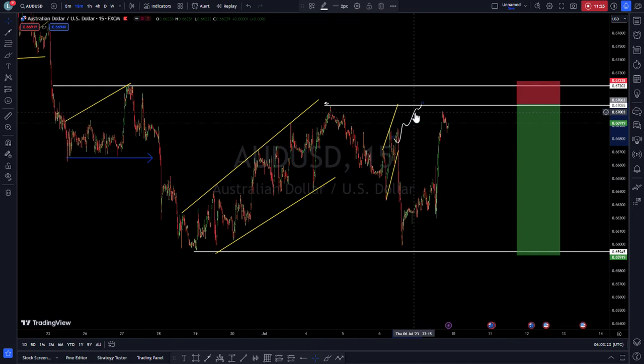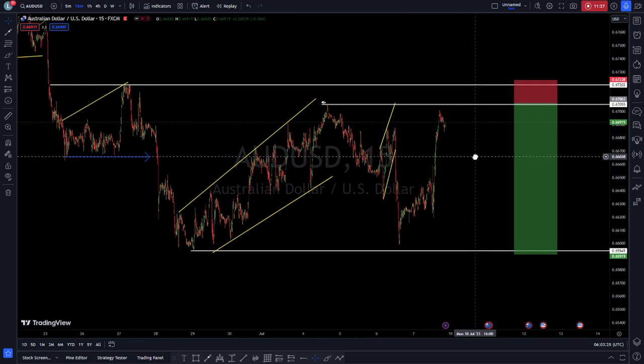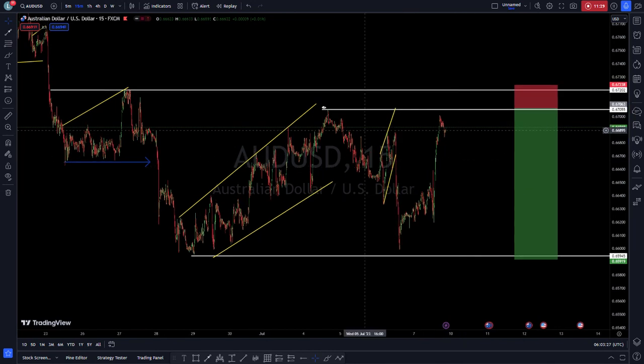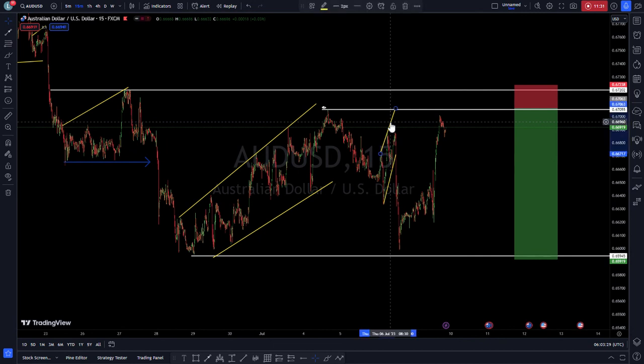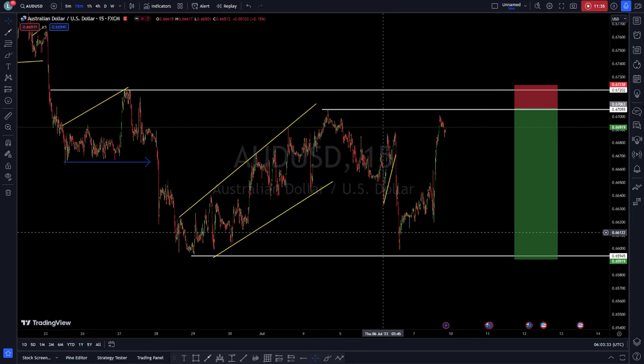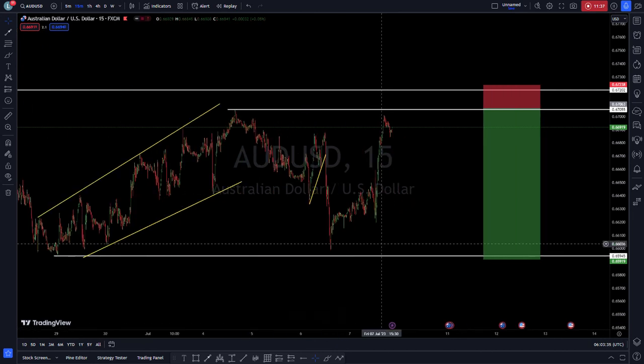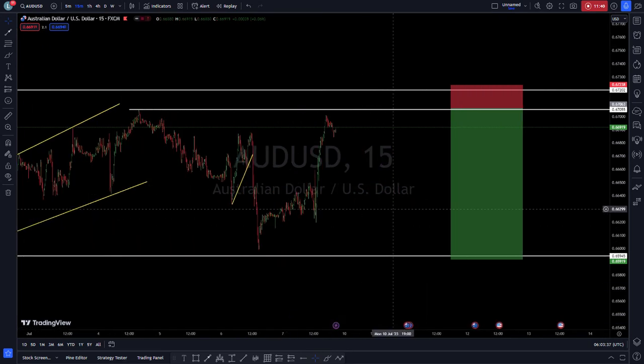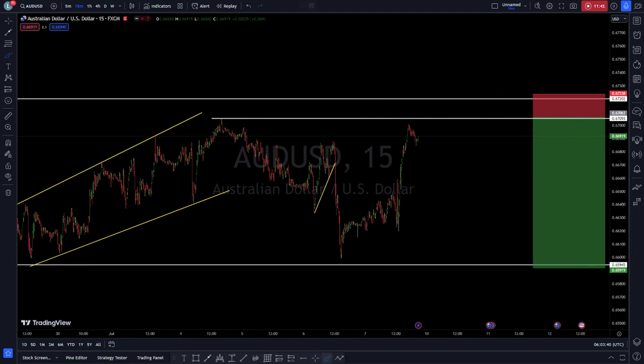So now this is something I'm looking forward to. Since it has almost tagged this high here, and now you can see it's already dropping.